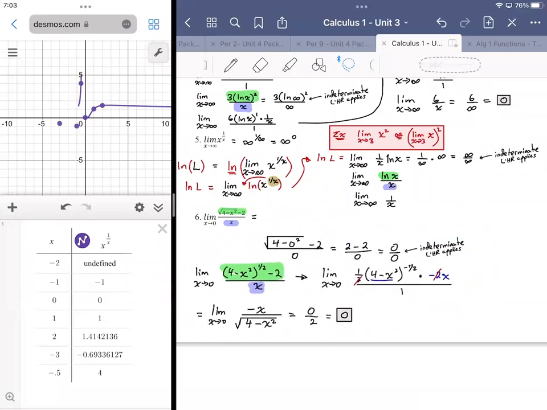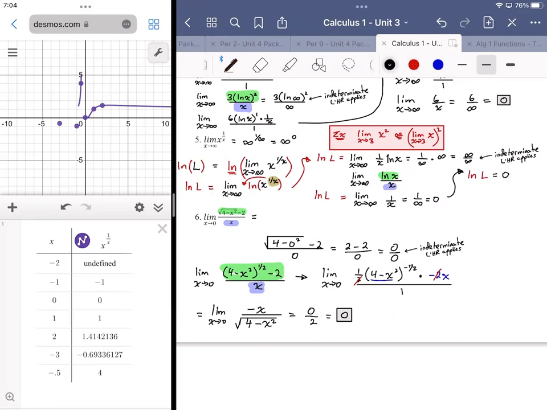I'll bring this back in a minute once I have a little bit more room. All right, which would result, bearing in mind that the left-hand side is still the natural log of L, in, when I apply my limit, 1 over infinity, which would be 0, which in turn tells me that ln of L is equal to 0.